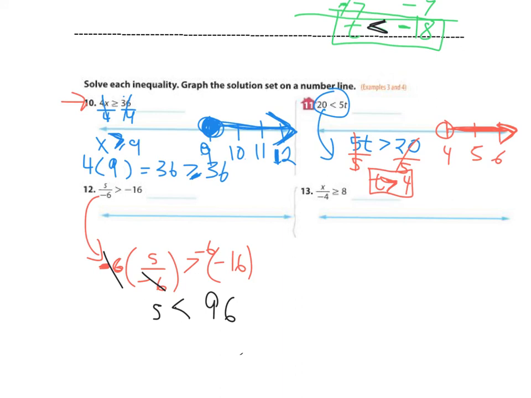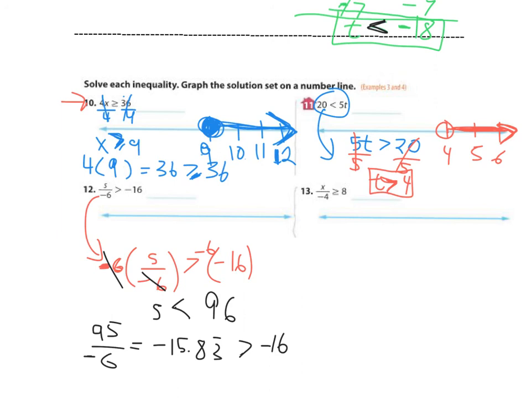If I have 95 divided by negative 6, that's going to equal negative 15.83 repeating. And with negatives, remember, the closer it is to 0, the bigger it is than a negative number that's farther away from 0. So that is a true statement. So s has to be less than 96. That's why we have to flip the inequality symbol whenever we divide by a negative.